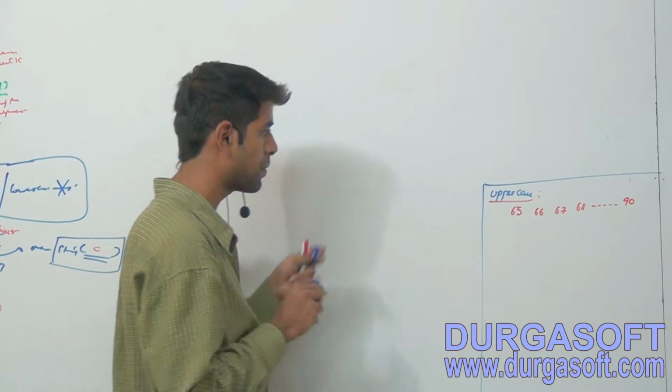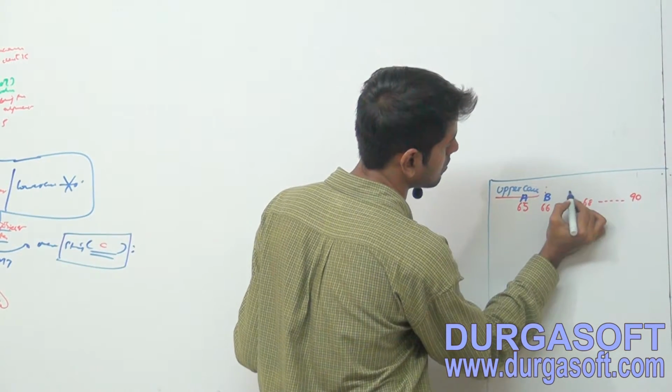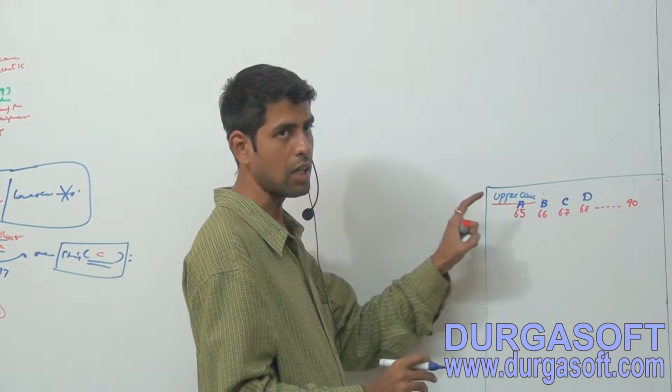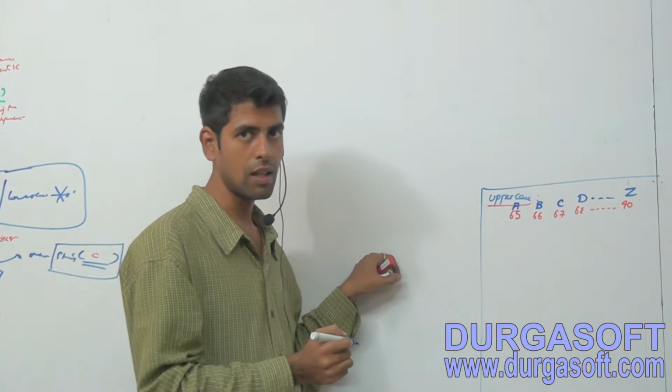For capital A it is 65, for capital B 66, for capital C 67, for capital D 68, and so on. For capital Z, 90.